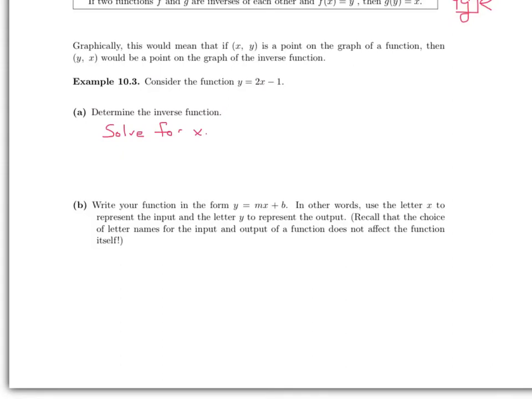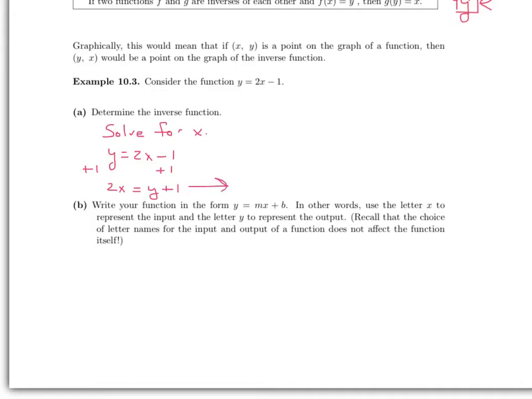So we will start by solving for x. We have y equals 2x minus 1. We can add 1 to both sides. That will give us 2x equal to y plus 1. And to get x by itself, I would divide both sides by 2.